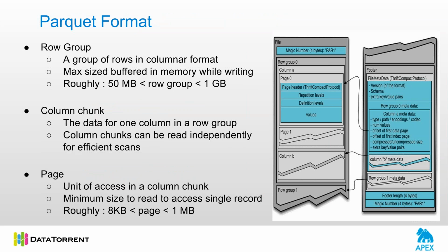The size of the row group can be configured: in the Parquet APIs you have an option to configure it, recommended to be between 50 MB and 1 GB. Once you specify that, that much data is collected in memory, and all the data for one column is represented as a column chunk. So there is no recommended memory size for a column chunk per se.